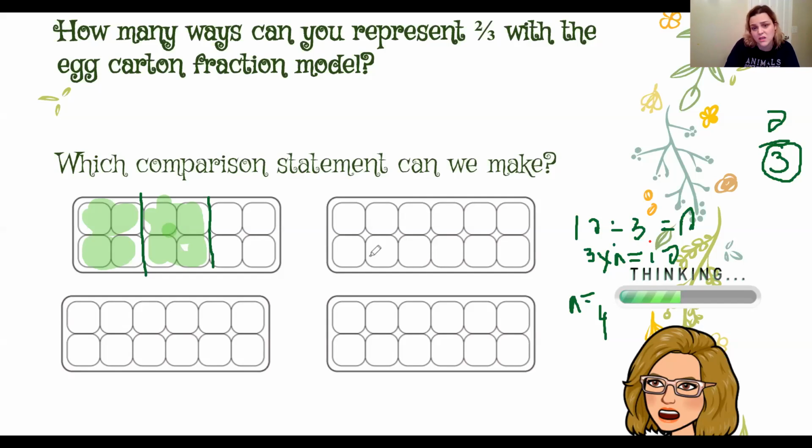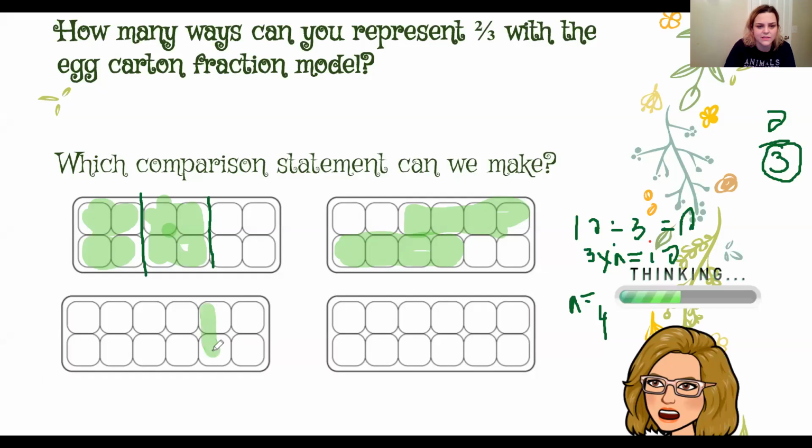So I might do it like this. These are 4 eggs. Maybe I'm going to represent 2/3 this way. And it would still be the same, right? Let me do it a different way.